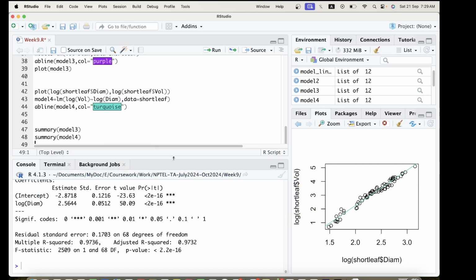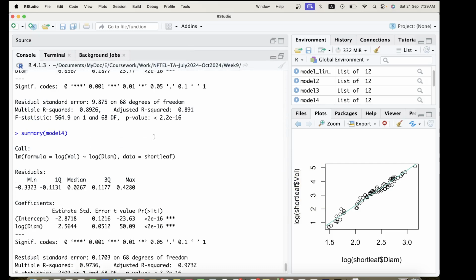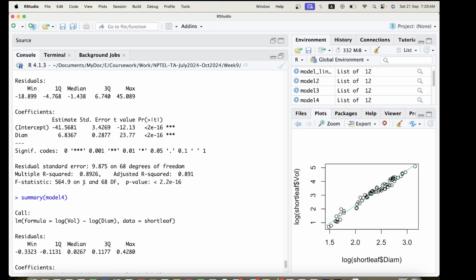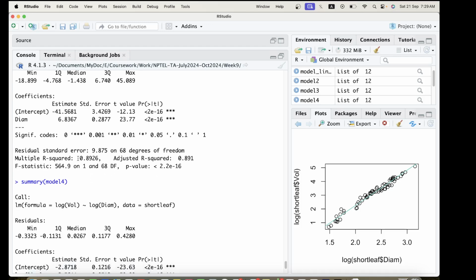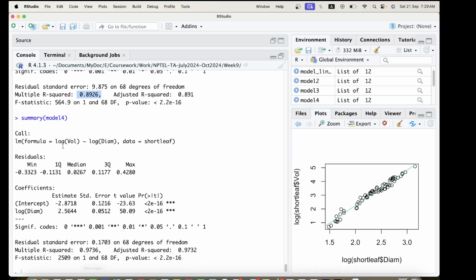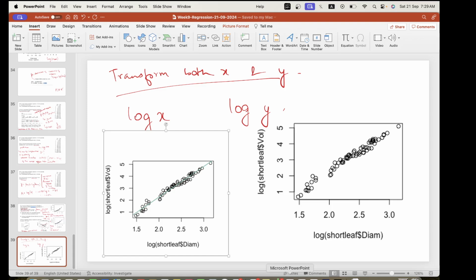Okay, so now if we compare the two summaries, here we see for this one we had an R square of 0.89, but here when we are making this log-log transformation, then we see multiple R square increases from 89 to 92%.